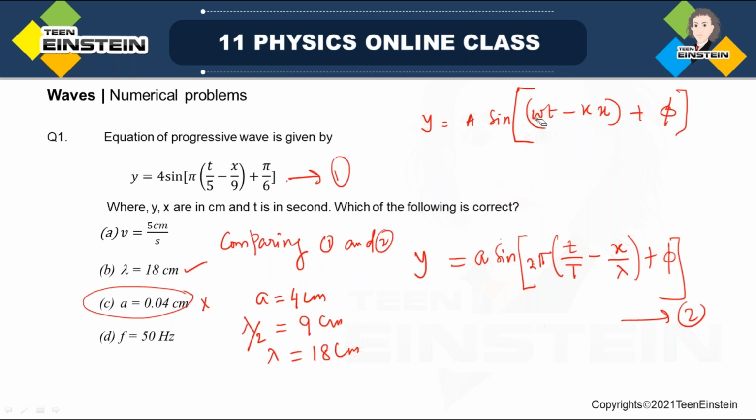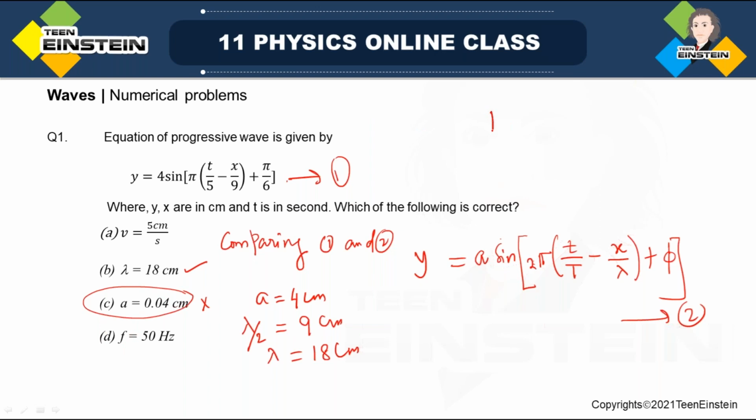Let this also be erased. See, now we have to see velocity. How do you get velocity? Before we get velocity, we have to find out frequency. Let us go for frequency first.